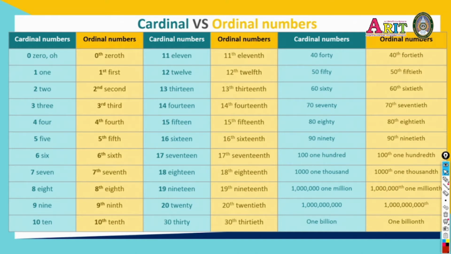We also say one hundred. 1,000, 1,000th. 1 million, 1 millionth. 1 billion, 1 billionth. So these are the basic numbers.